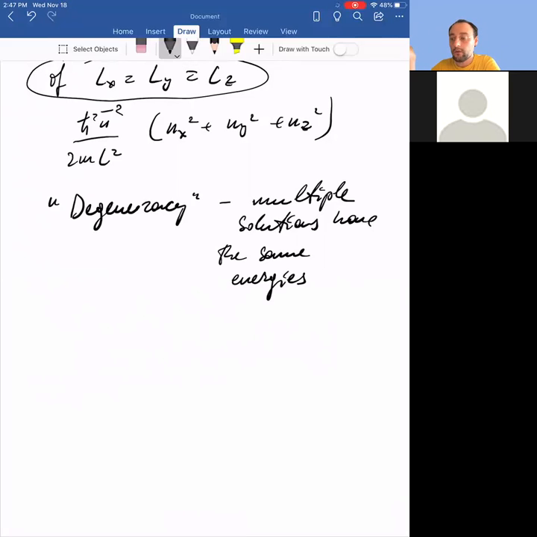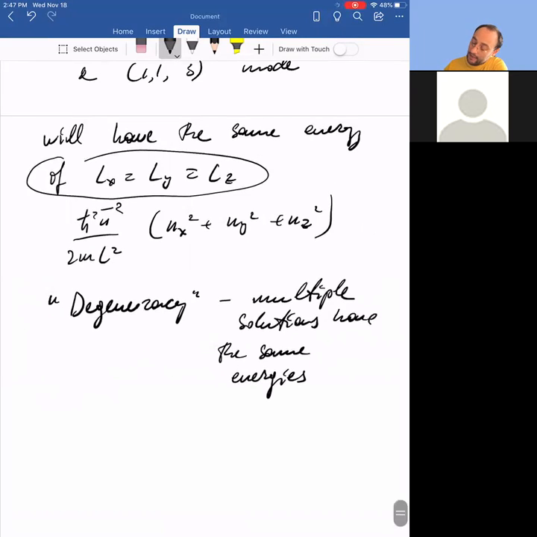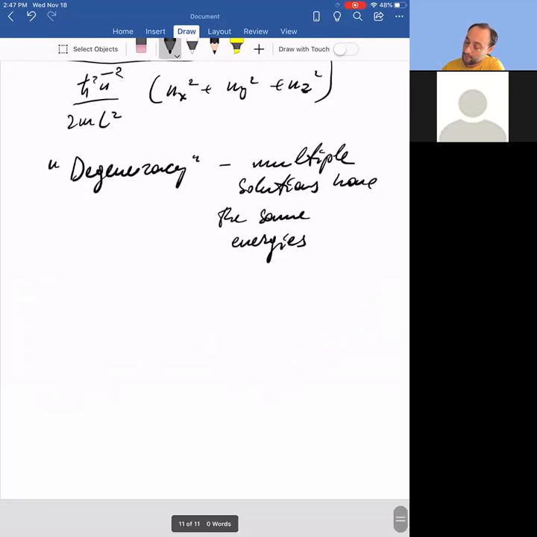And in general, it is not an accident, but it is related to the symmetry. When we made the box a square box, we made it more symmetrical. We ended up with multiple solutions that have the same energy.